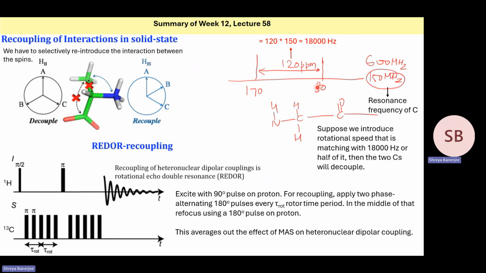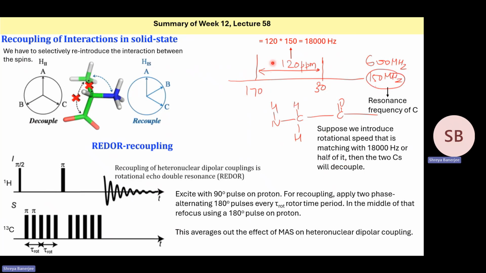So in the magic angle spinning, if we spin the rotor containing the sample at a rotational speed that is matching with 18,000 hertz or half of 18,000, that is 9,000 hertz, then the two carbons will decouple. This is what we were doing so far.